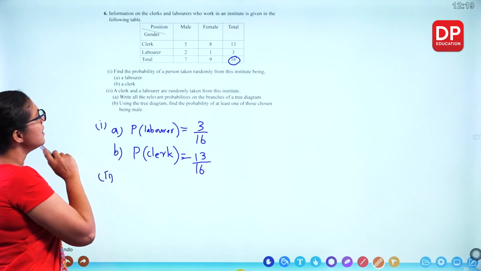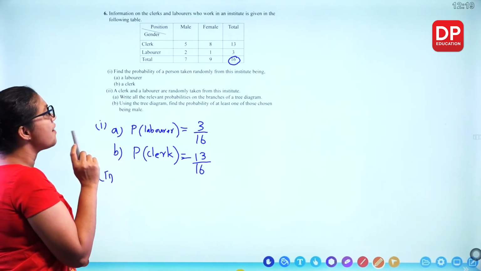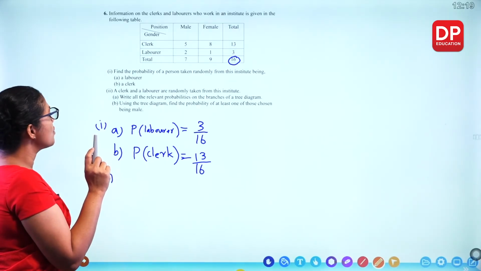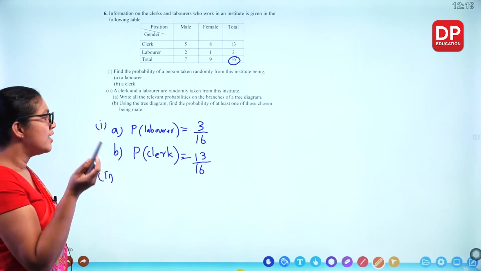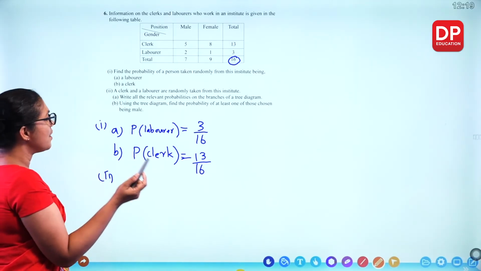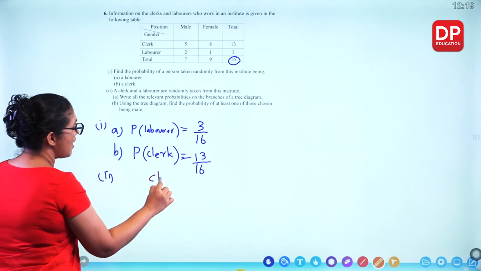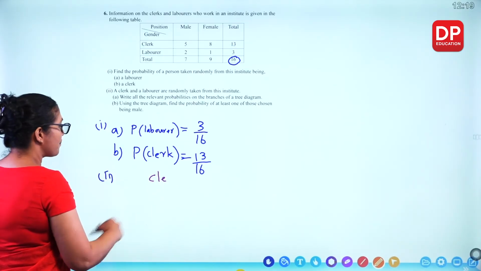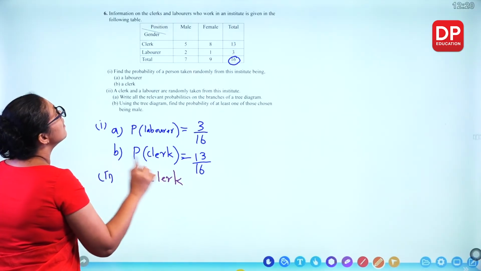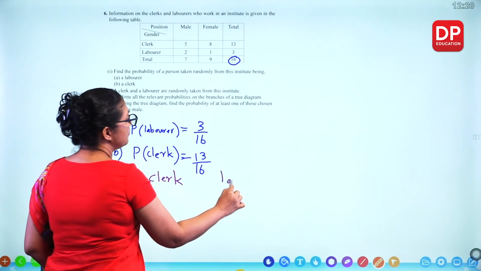Now second part. A clerk and a laborer are randomly taken from this institute. Write all the relevant probabilities on the branches of a tree diagram. So we have to draw a tree diagram. So we'll first take clerk, and laborer.